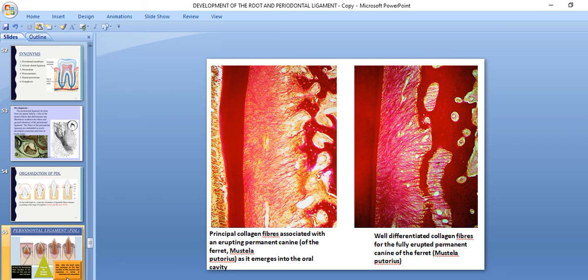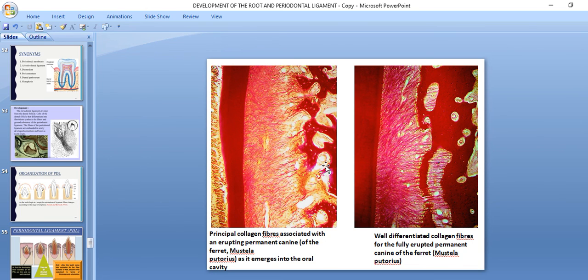And here you can see the principal collagen fibers with an erupting permanent canine, and you can see that as the teeth erupt into the oral cavity, the principal collagen fibers are seen passing from tooth to the bone.